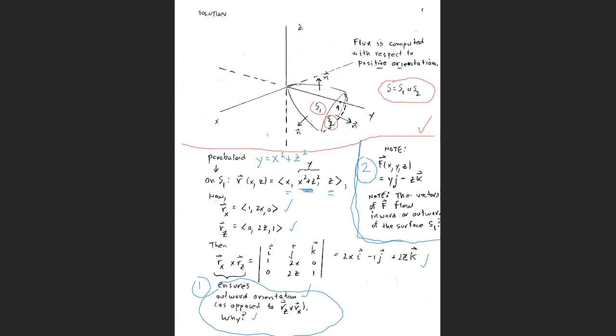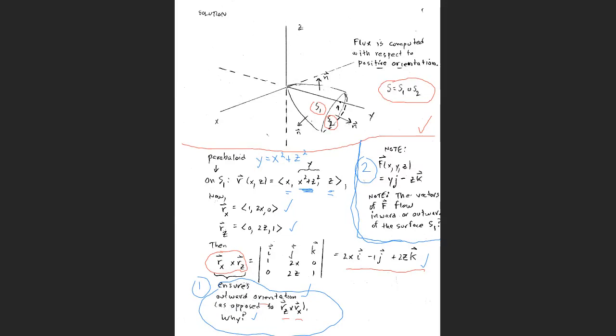So my first question is, I did the cross product in the order of r sub x cross r sub z. And that ensured outward orientation. So I get the vector 2xi minus 1j plus 2zk. Okay, that's my cross product vector field. And I'm saying that this will ensure outward orientation as opposed to doing the cross product in a different order.